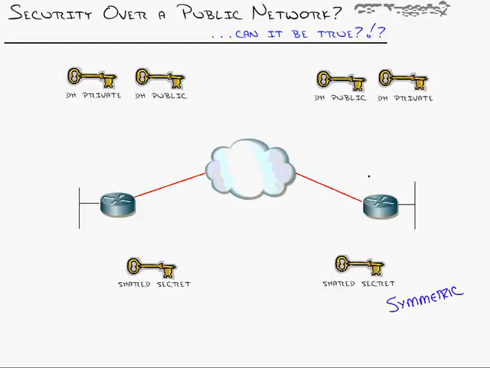Diffie-Hellman is actually the name of two guys that created a system for doing this. Diffie and Hellman actually work together. And here's the idea. Diffie-Hellman security uses something known as asymmetric encryption. What that means is you have a two-key system, a public and private.